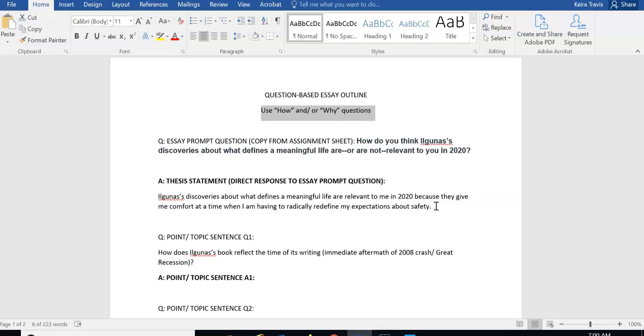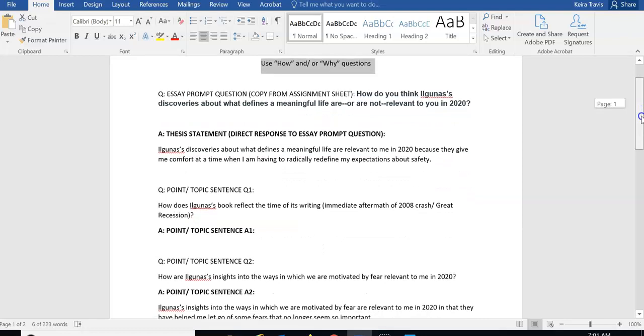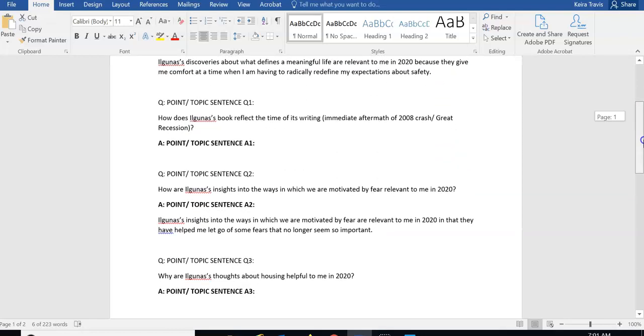But let's say you don't actually have a thesis statement. You can start by generating these smaller how and why questions for the paragraphs. And at first, maybe you don't get the order right, or maybe they're not closely enough related, but this is supposed to be a flexible process.